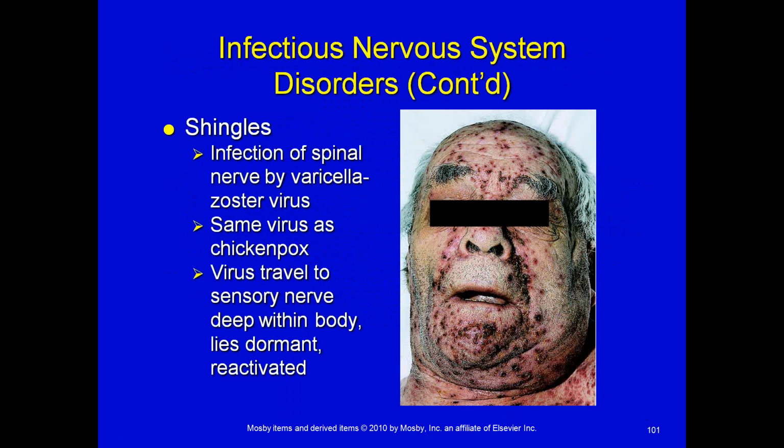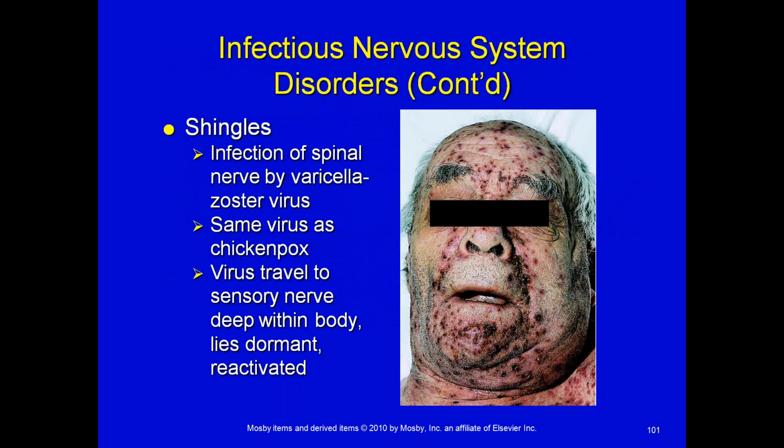Shingles. Shingles are the result of the varicella zoster virus, which is chickenpox. The virus travels to sensory nerves deep within the body, and it lies dormant for years and years and years. But in some people, that virus is reactivated, particularly older in life.